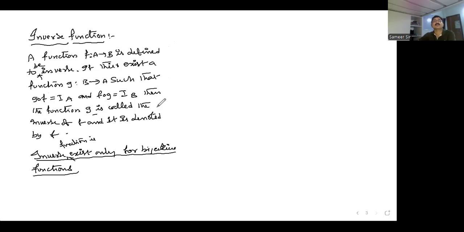Then the function g is called the inverse of f. It is denoted by f inverse. Please remember, guys.